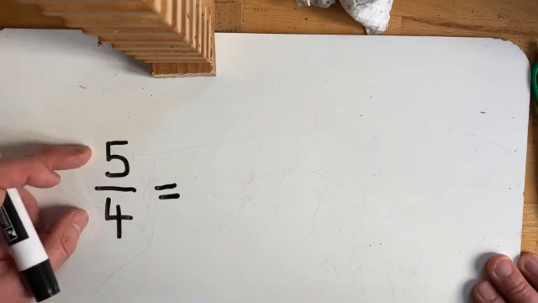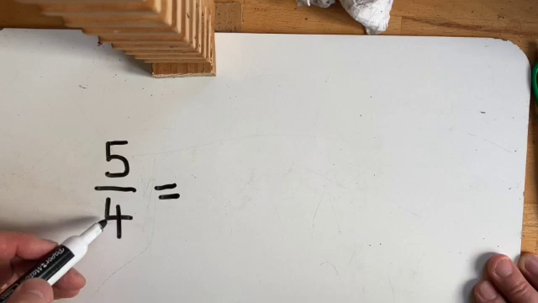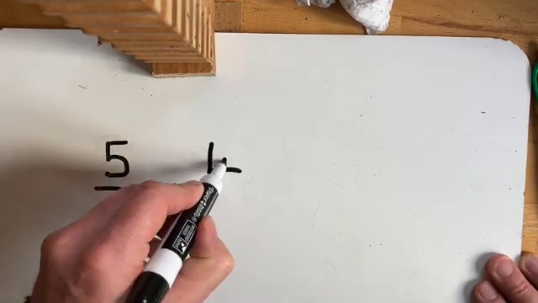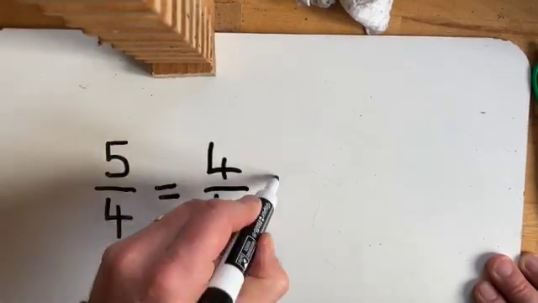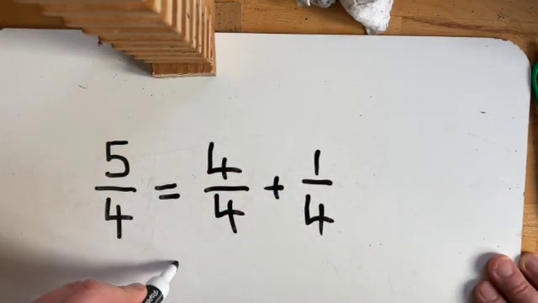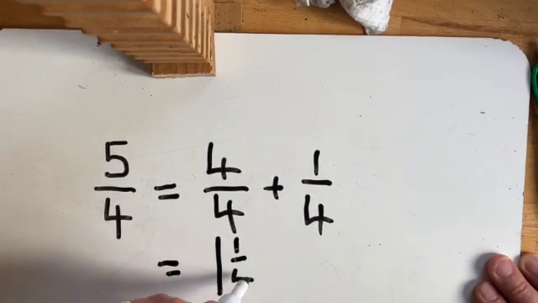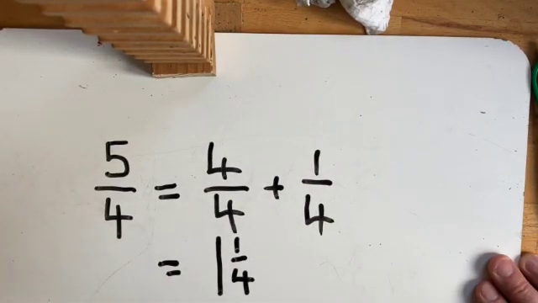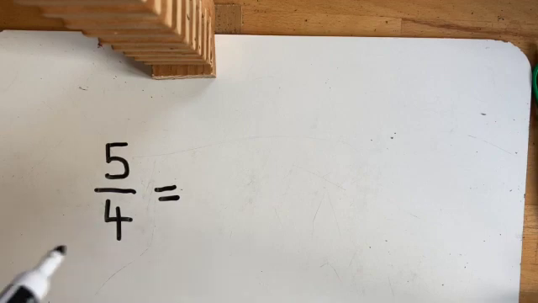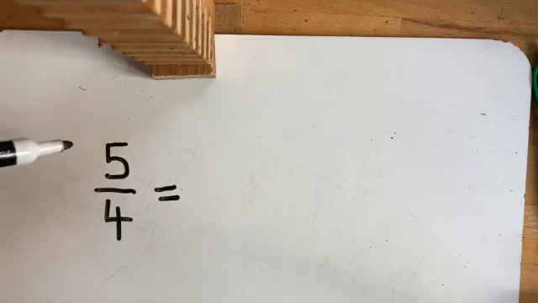So this improper fraction of 5 quarters or 5/4, we know that it contains 4 quarters plus 1 more quarter. In other words, it's made of 1 and 1/4. Another way of converting this improper fraction into a mixed number is thinking, how many quarters make 1 whole?